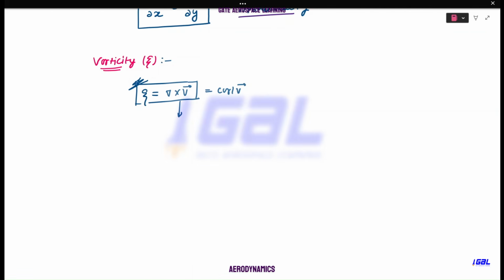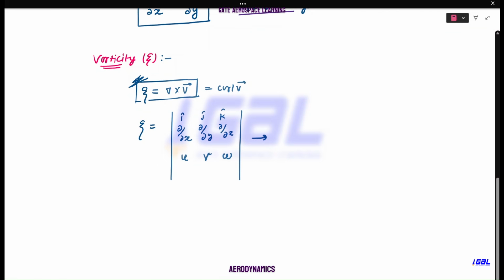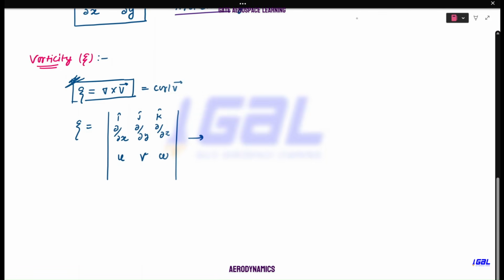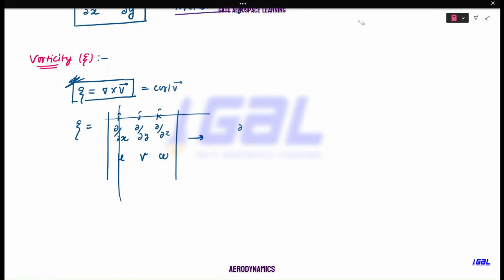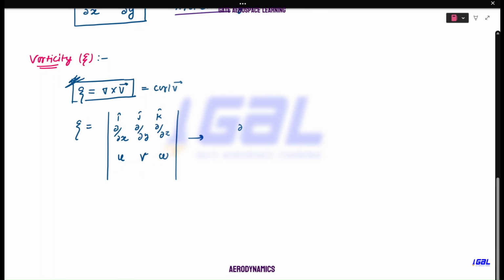Now when you write this in mathematical form, this can be written as del/del x. I hope you are aware of how to open the curl of any vector. Let's say you have u, v, then w. Now when you open this, you will come to know. When you open this for i, this will be gone and these two will be left out, right?